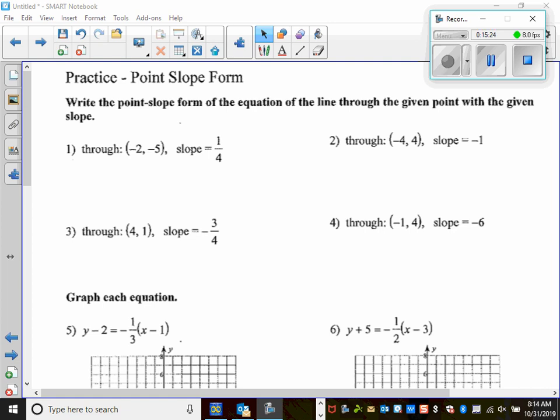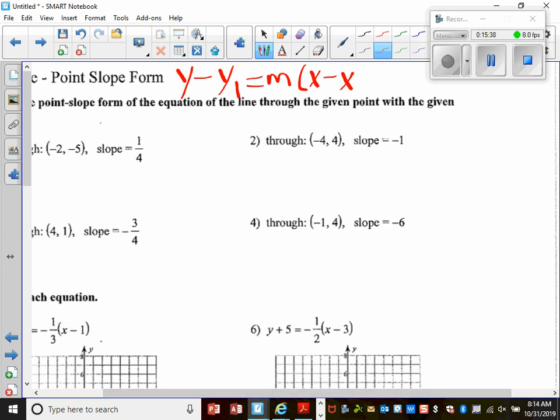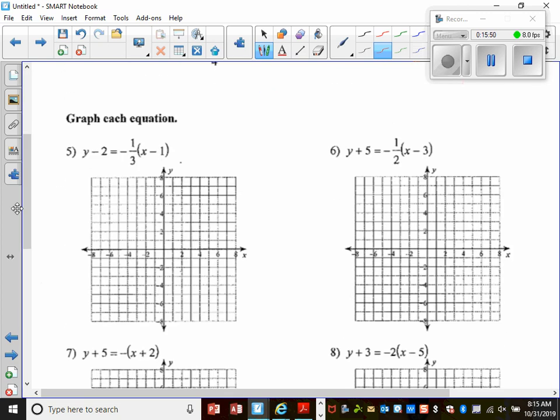At the top of page 13, you might want to go ahead and write what point slope form looks like. Y minus y sub 1 equals m times x minus x sub 1. In this particular assignment for classwork, you have an example of how to take it if you have a point and a slope. Okay, how to graph in point slope form.